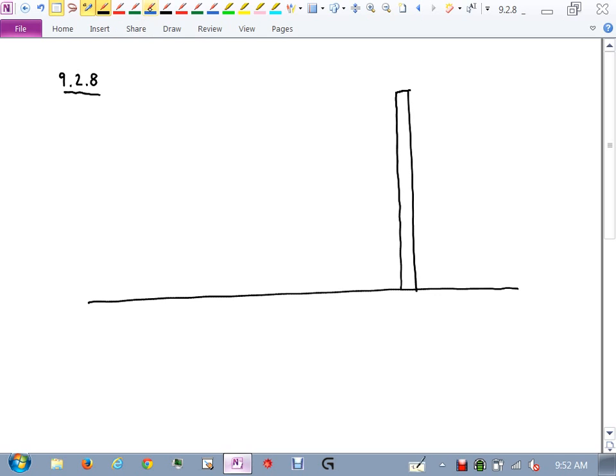Let's say we stand on the ground and we measure with some sort of device the angle from us up to the top of the building. And let's say we measure that to be 26 degrees, right?